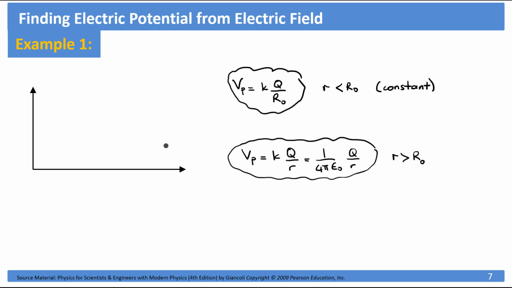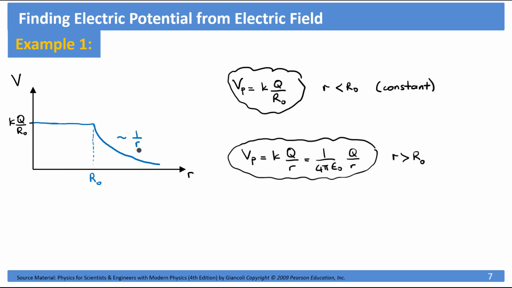If we plot our electric potential here as a function of r, within the conductor the electric potential is kq over r0 and it is constant. It will be constant all the way up to r0, and from the surface, it will go down as 1 over r.